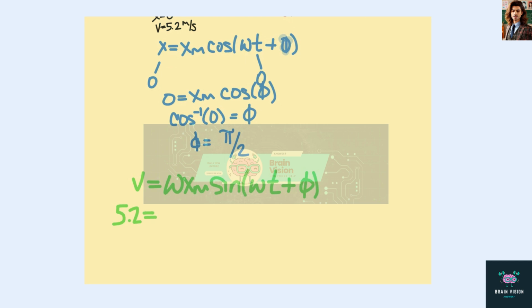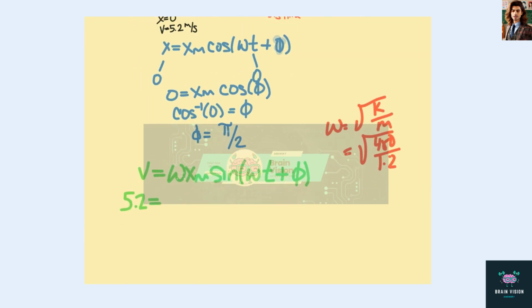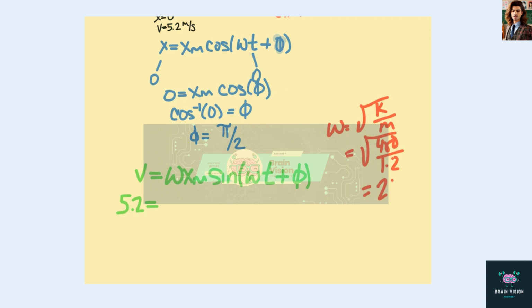And for omega, we can solve where omega equals the square root of k over m, which equals the square root of 480 divided by 1.2, because we had our mass and we were given the spring constant of 480. So that means omega equals 20 rad/s. So we can plug that in. So we have 5.2 equals 20 times our xm sine of phi, because again our time is 0.